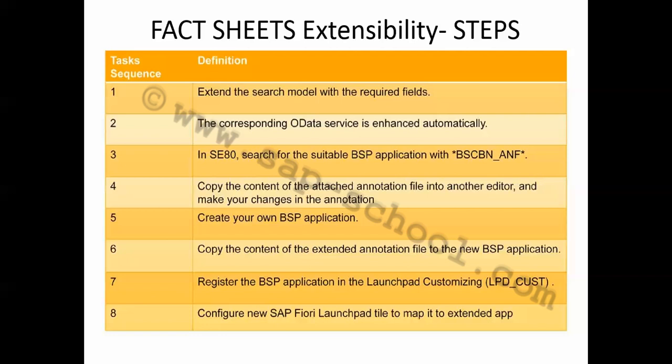Then we have to create our own BSP application. After that, we have to copy the content of the extended annotation file to the new BSP application. Then we have to register the BSP application in the Launchpad customizing, which is the LPD cust transaction. And then we have to configure the new SAP Fiori Launchpad tile to map it to the extended app.